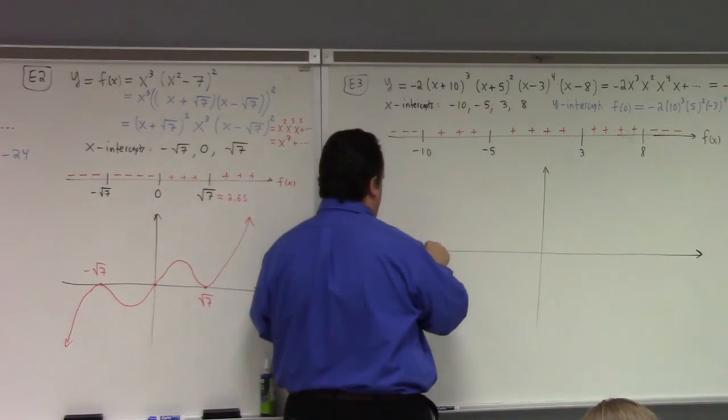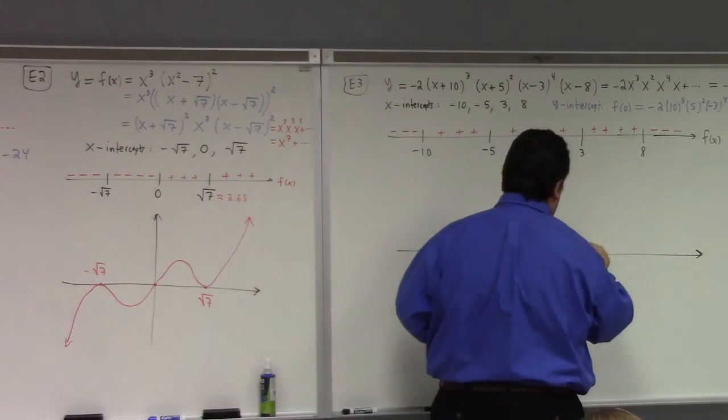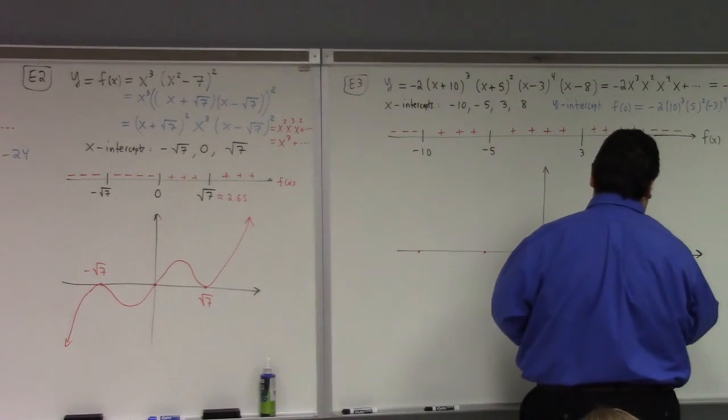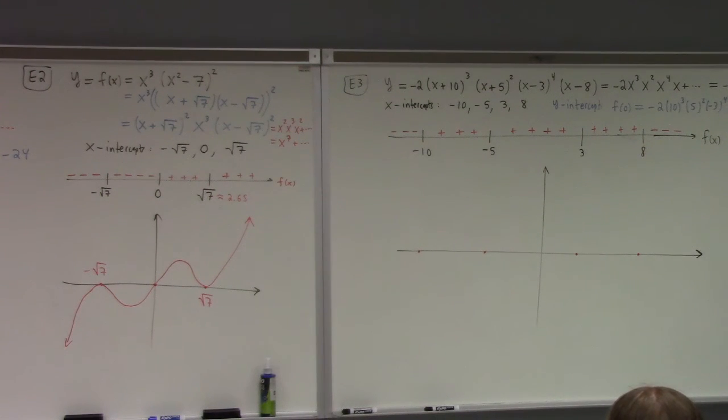We've got minus 10, minus 5, 3, and 8. All right. Sometimes I graph right to left. Sometimes I graph left to right. I've done left to right the previous times. I'm going to do right to left this time. So I start out negative, right?